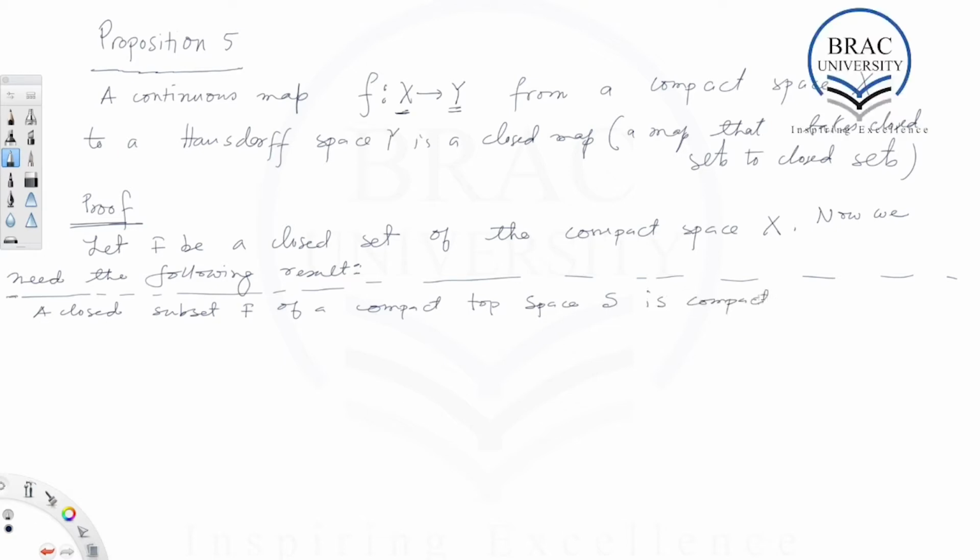Okay. So if we have a closed subset F of this compact topological space S, then F is going to be compact as well. So here is the proof of this result. It's a proof inside a proof.